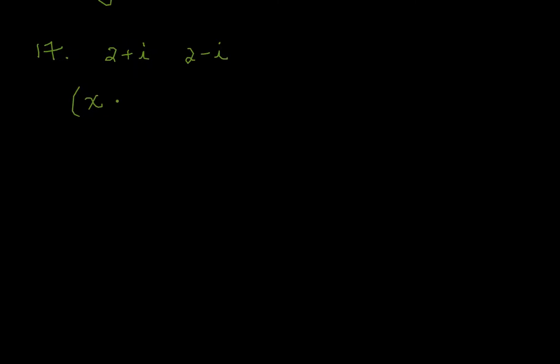So you're going backwards, so you can say x minus 2 plus i times x minus 2 minus i. And then you just FOIL it out, or you distribute it and multiply it out. Okay, John? That's it. You set it equal to 0.